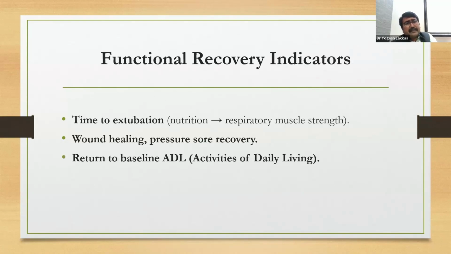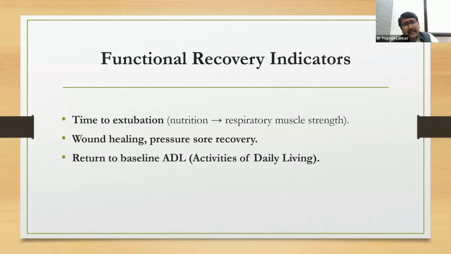Functional recovery indicators: time to extubation. Nutrition is equal to respiratory muscle strength, and that will facilitate extubation in a patient, and can denote that the particular patient is nourished and extubation is possible. That can be judged with clinical assessment.